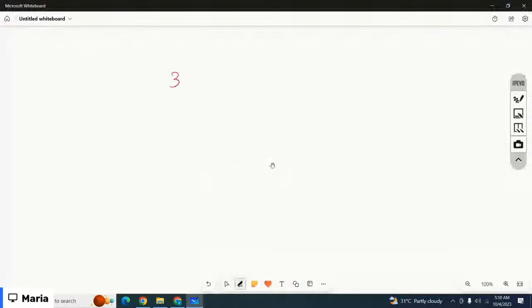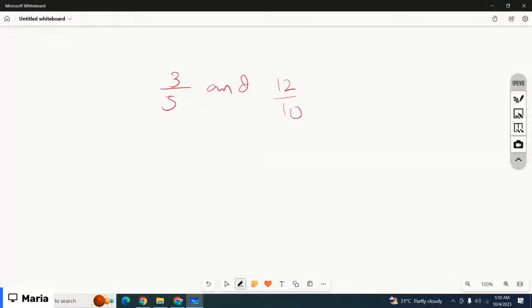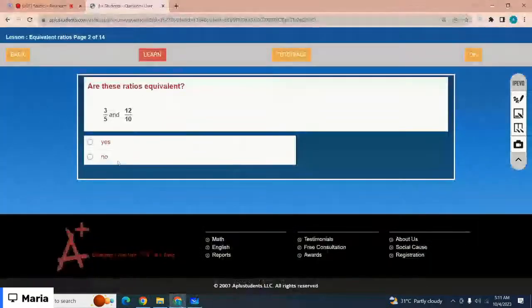Just equate them and cross multiply them. 3 times 10 is 30, and 12 times 5 is 60. So they are not equal. That means they are not equivalent ratios, right? The correct option is no, they are not equivalent.